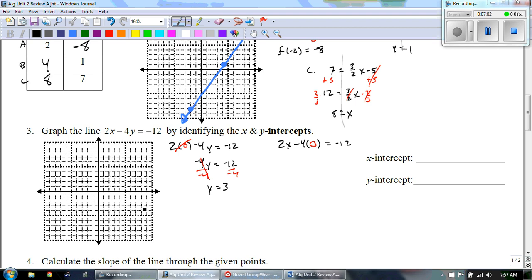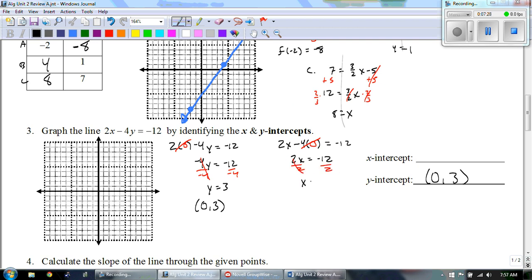Okay, and remember that negative divided by negative is positive. So that's the point 0, 3. That is my y-intercept. Now my x-intercept, those cancel. So we have 2x equals negative 12, and then divide by 2.